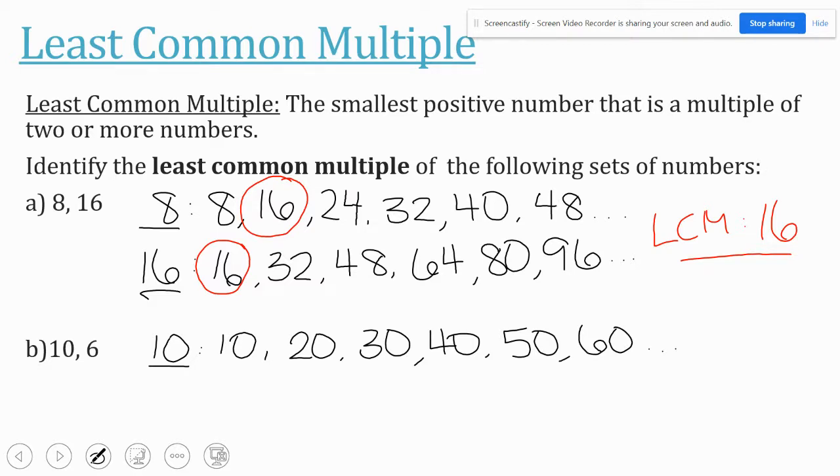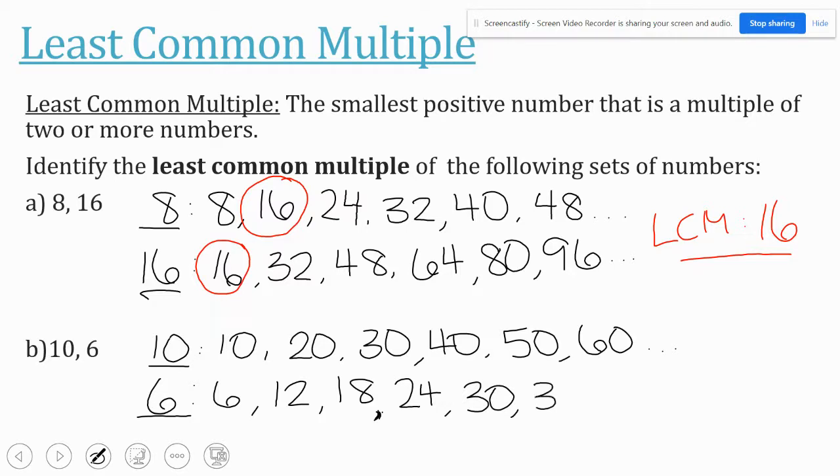And now let's do the same thing for 6. 6, 12, 18, 24, 30, 36, 42, and so on. Hopefully you notice they have a number in common. The smallest one they have in common is 30. Okay, so the least common multiple here is 30.